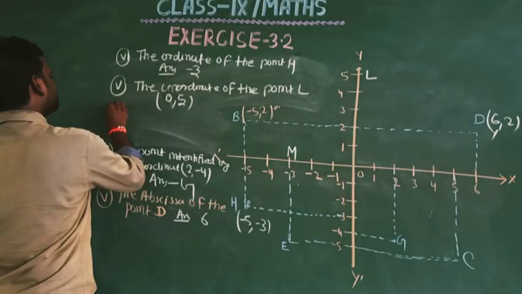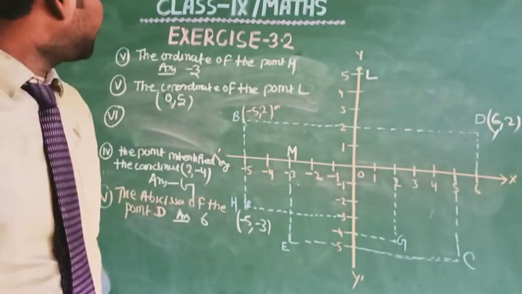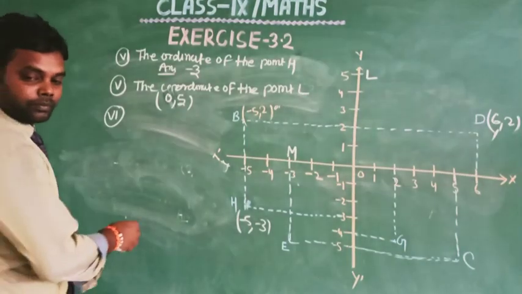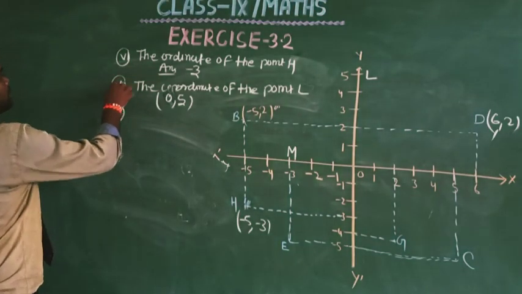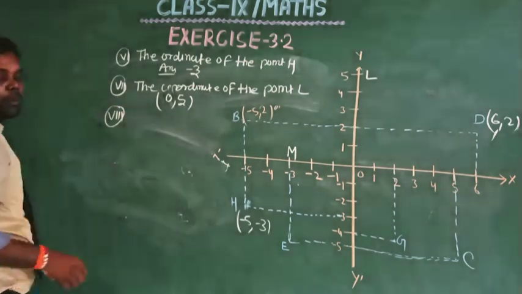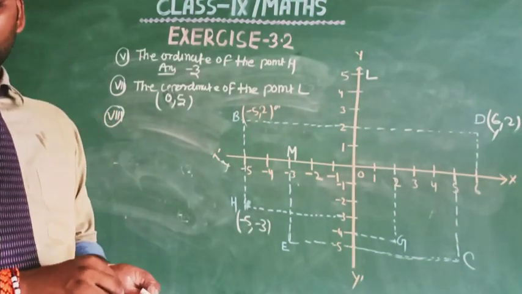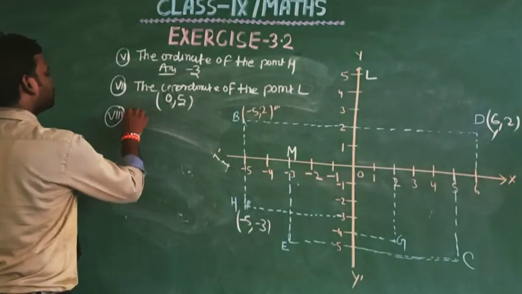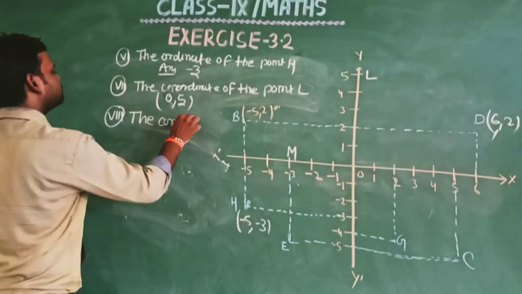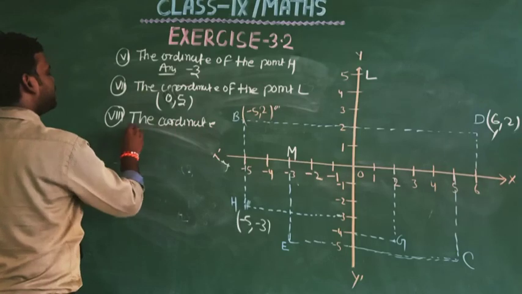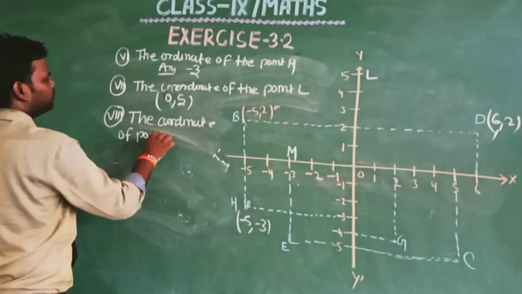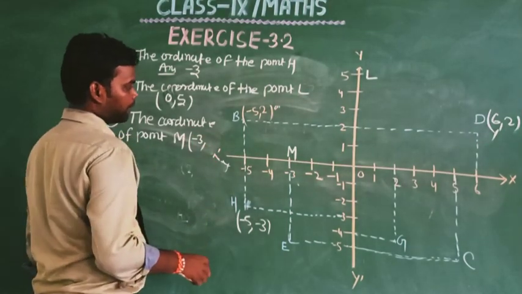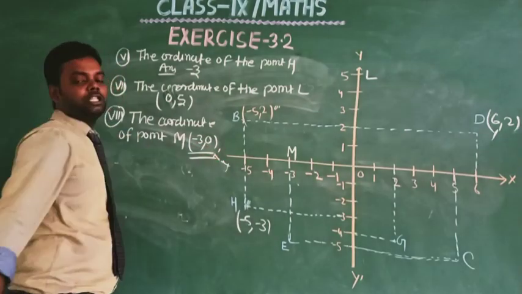Next we have to ask the coordinate of point M. The coordinate of point M is -3, 0.